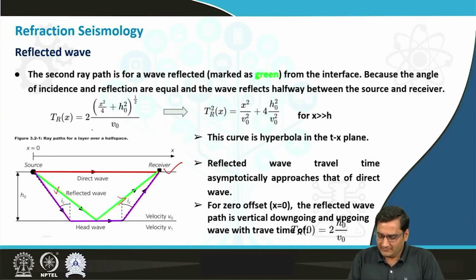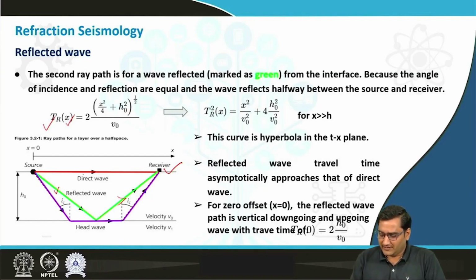The travel time that you can calculate will be represented by TR, as a function of the offset x, that will be equal to 2 times the travel time between source and the reflection point. That means the path of the downgoing wave and the path of the upgoing wave.